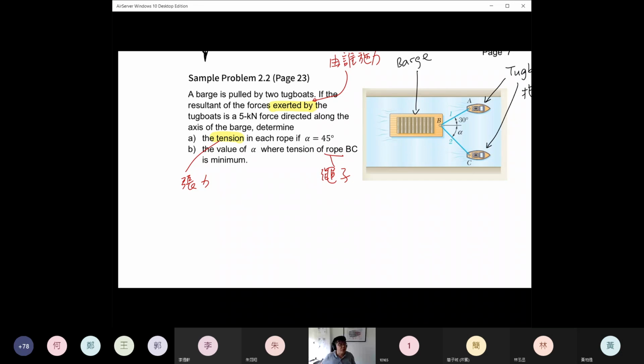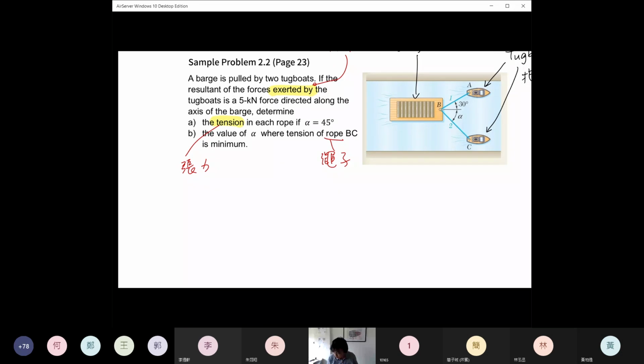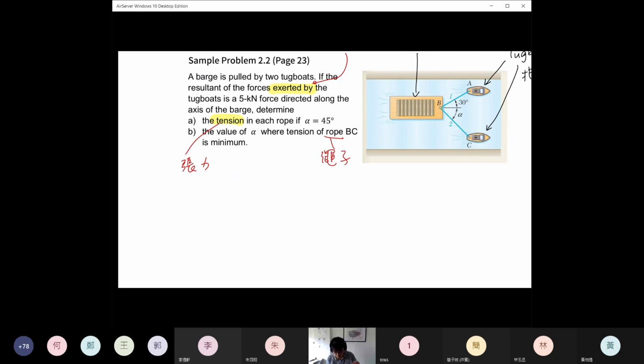Okay, thank you. Then I will lower the hands. So let's start solving this problem. And determine, the word determine is here. So we do part A first.